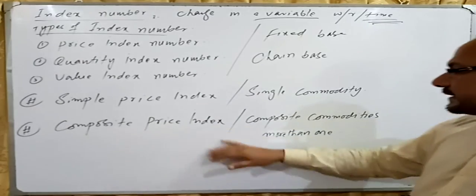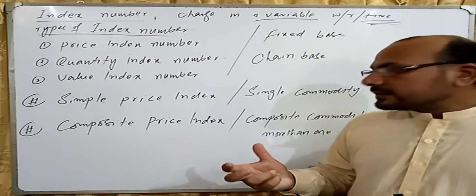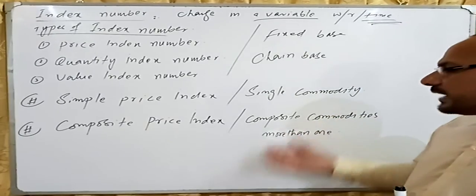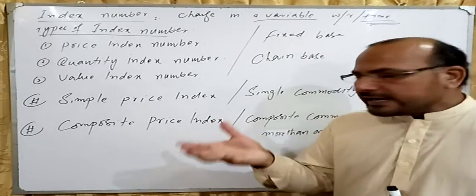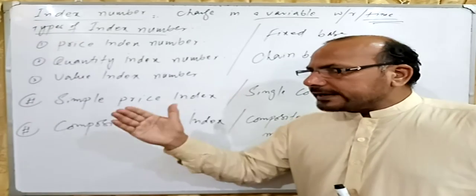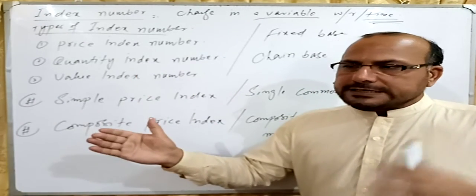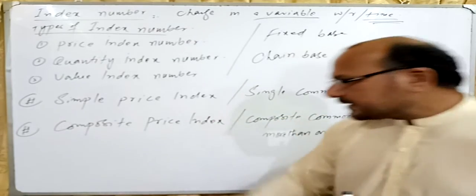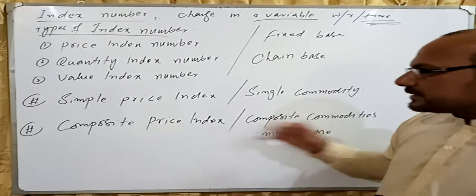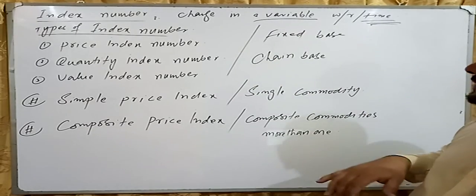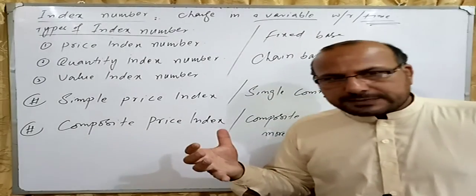Composite price index is used for a composition of products, meaning if we have more than one commodity and we are finding changes in prices of the group of commodities from one time period to another, that is called composite price index. For that purpose, we use the fixed base method and the chain base method also.